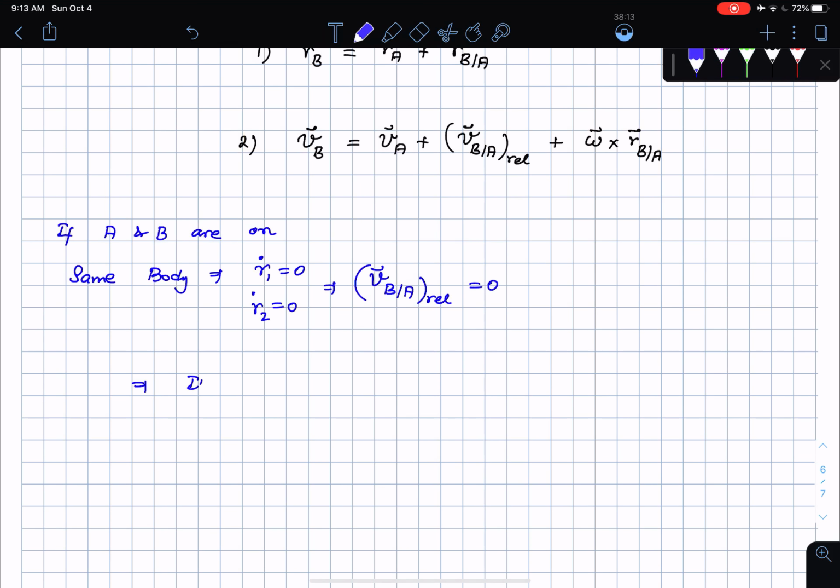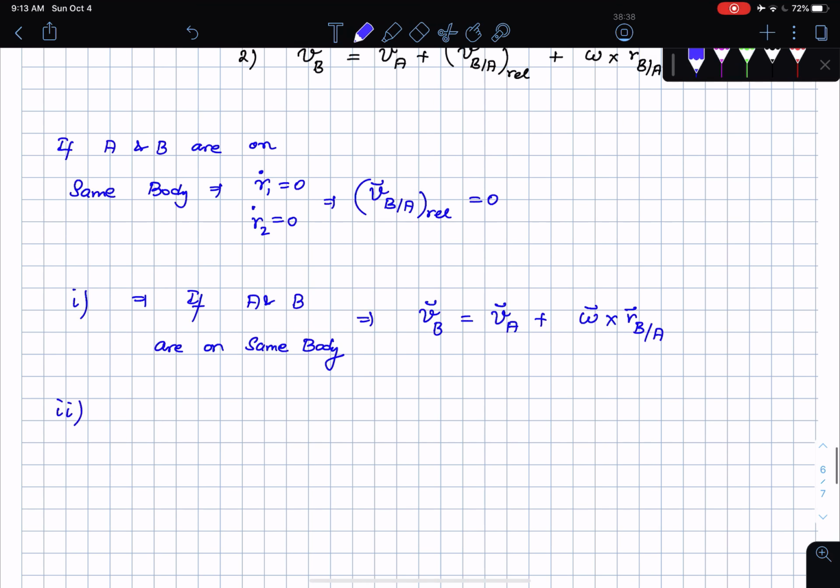For example, if point B is on the same body as A, then the equation that I have is V_B is equal to V_A plus omega cross R_B/A.